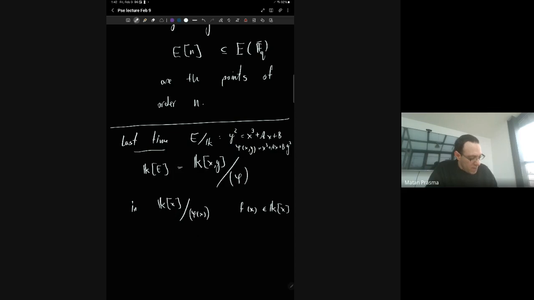We could say, okay, f(x) is some q phi plus r, and then f(x) is in fact equal to r(x) in the quotient K[x] modulo phi.